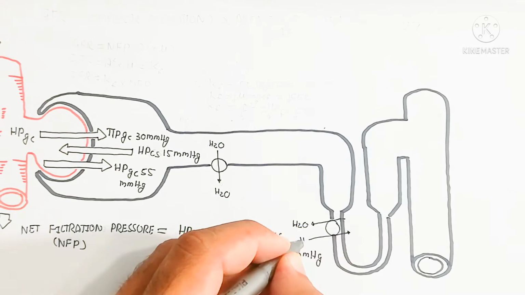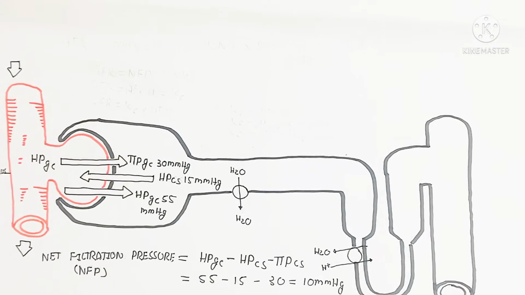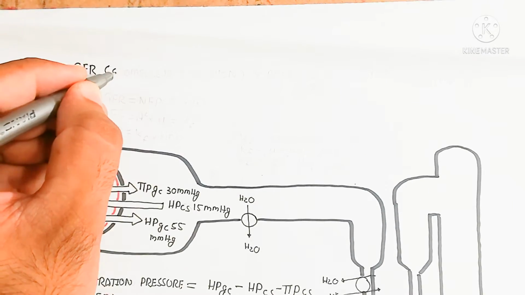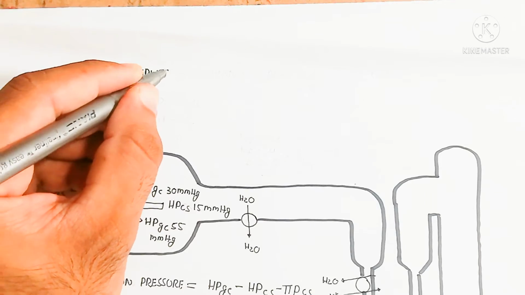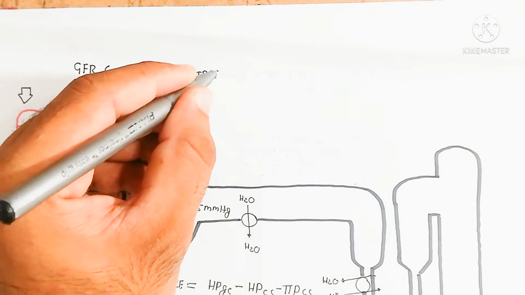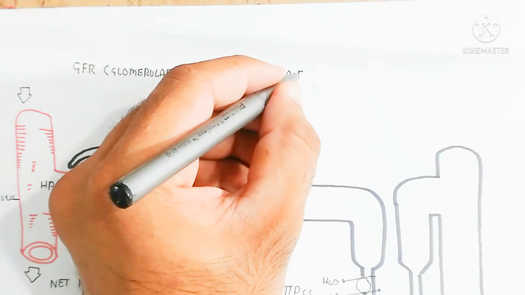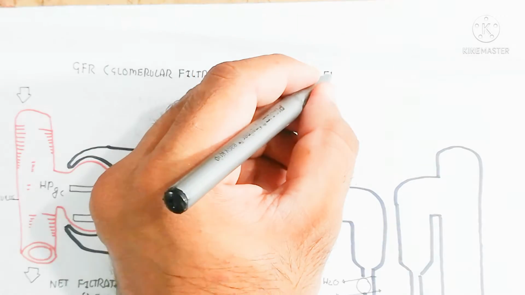So the total net filtration pressure is 10 millimeters of mercury. On the other hand, here the water will be reabsorbed, and the sodium and other things will be reabsorbed. We will not discuss this in this video, just for understanding.